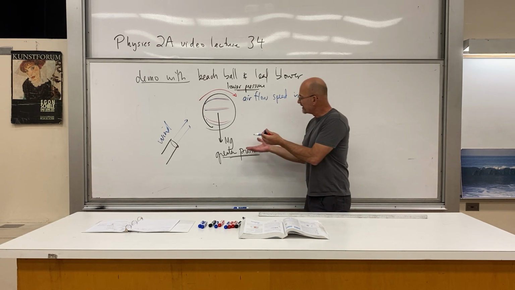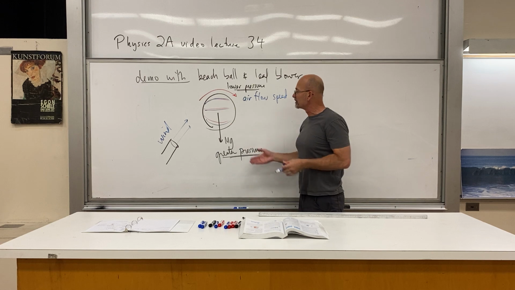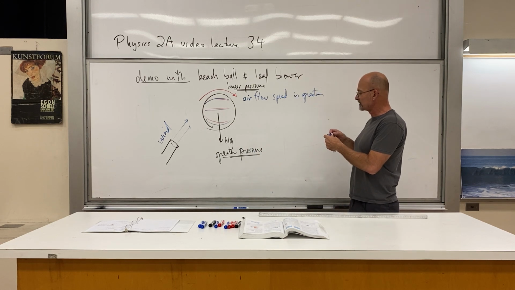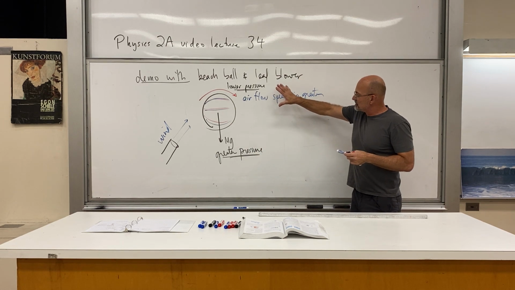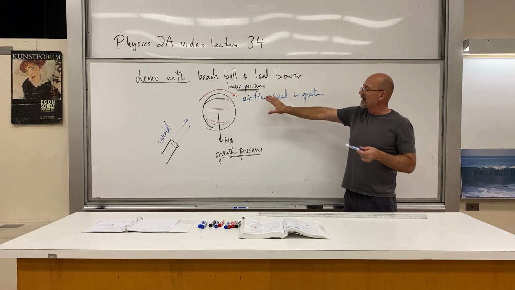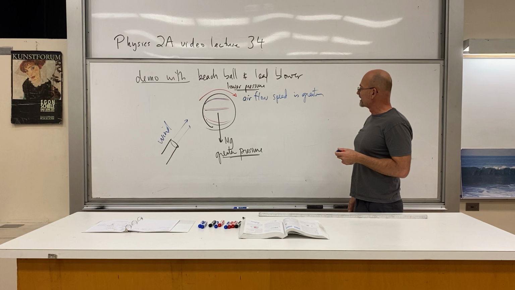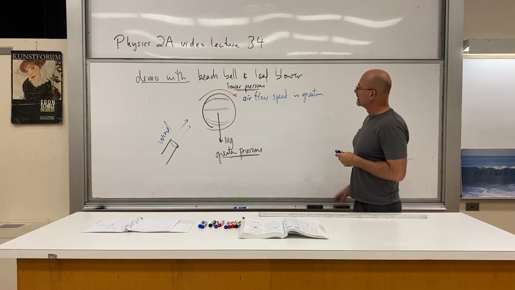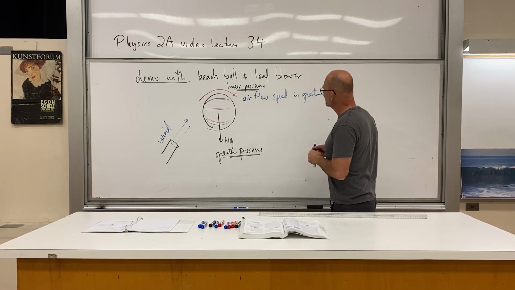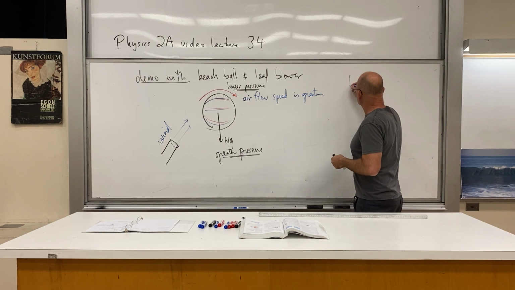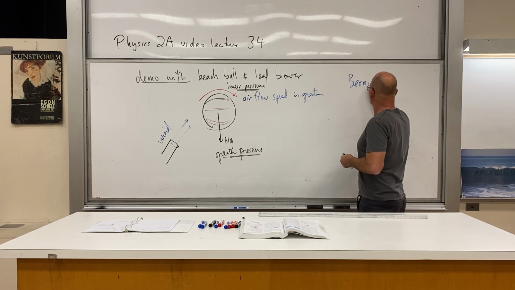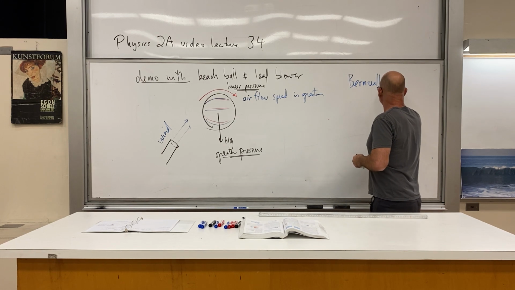So that's why this thing is actually being held up. And what we have to do is, this is kind of a guess at this point, we have to justify this through the physics, okay? And that'll be Bernoulli's equation. So yeah, this is the Bernoulli effect. There are a number of them. Let's just call this a Bernoulli effect.